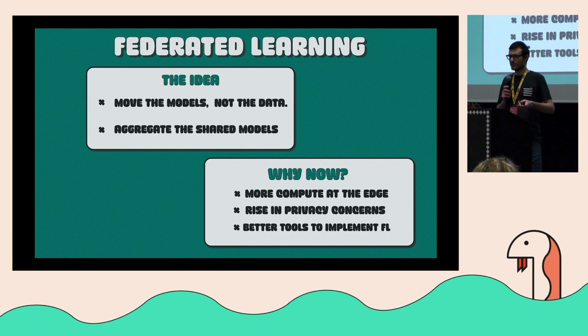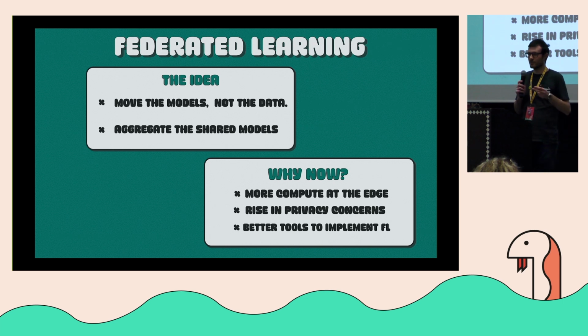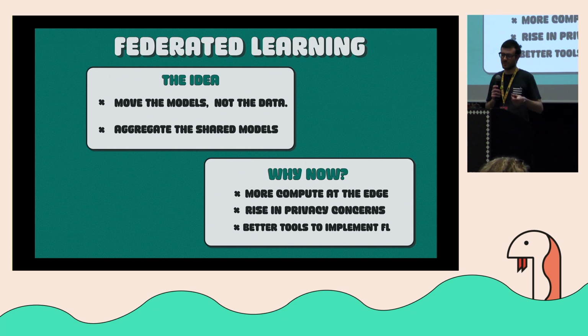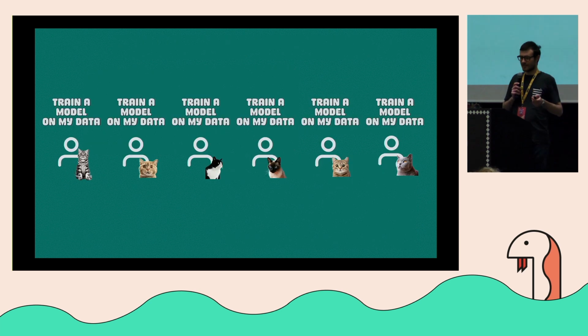When I started working on it around 3.5 years ago, I started working on some framework because I couldn't find a really good framework to use. And today we have different solutions that we can adopt instead of reinventing the wheel every time we need to use federated learning.